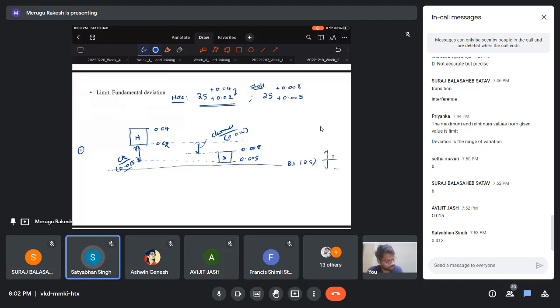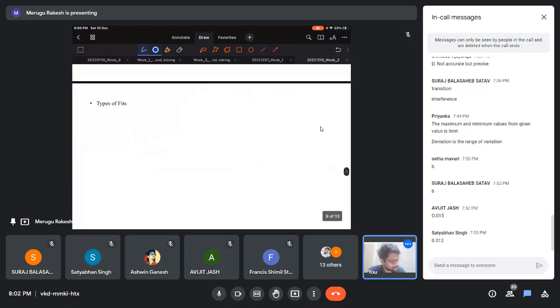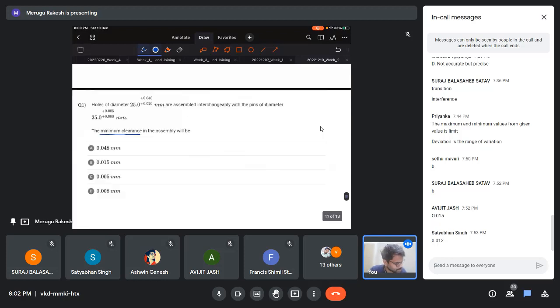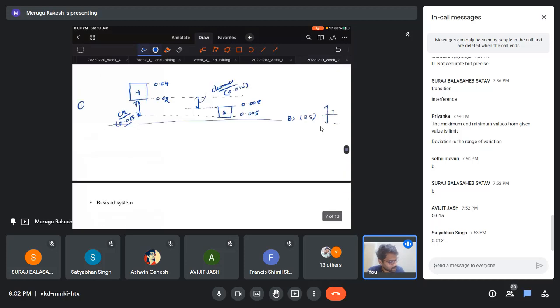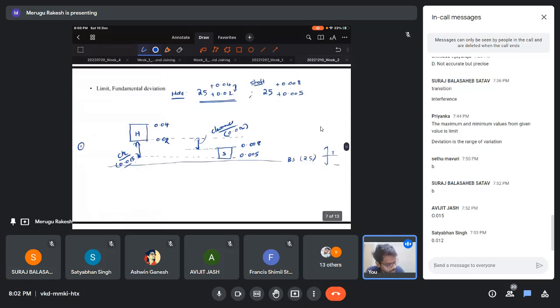So what to do now? Yeah, I think there is a wrong option. It seems minimum clearance is what they have asked. So we have two clearances, one is 0.002 and one is 0.015.